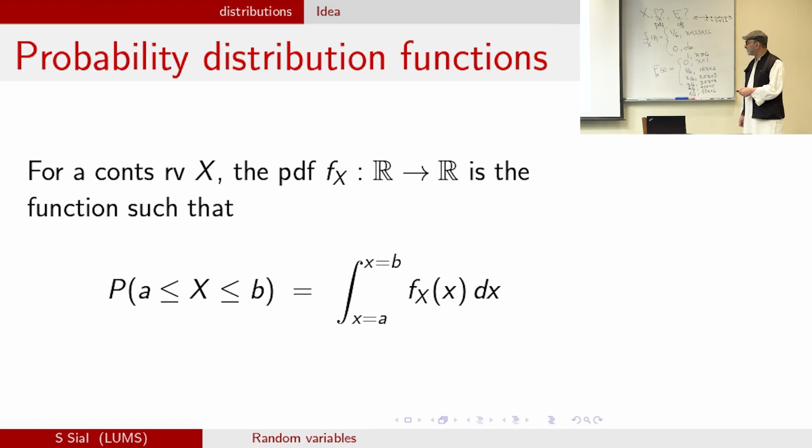So the probability density function for x is such that if you integrate it from x equals a to x equals b, this will give you the probability that the random variable capital X takes a value between a and b.